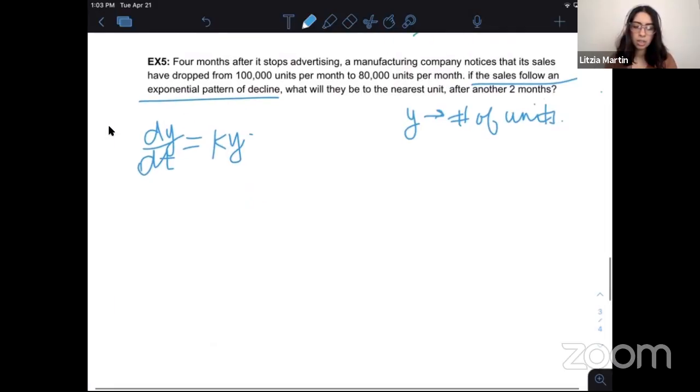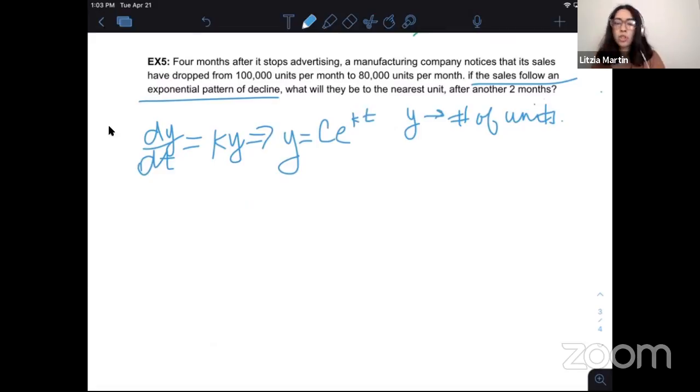And so y is going to equal c times e to the kt. There we go. All right, so let's go back. We need to try and figure out what c and k is. So let's go back and see what kind of conditions they have given us.